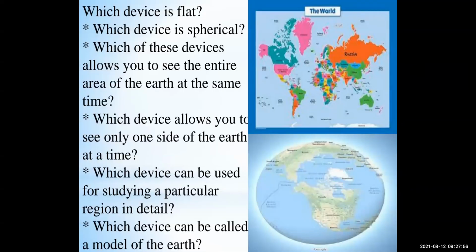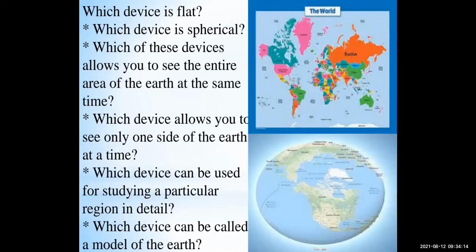Which device is flat, which device is spherical, which device allows you to see the entire area of the earth at the same time, which device allows you to see only one side of the earth at a time, which device can be used for studying a particular region in detail, and which device can be called a model of the earth?